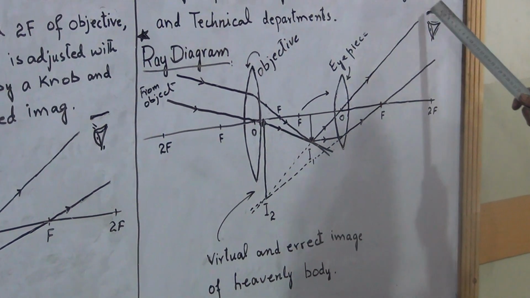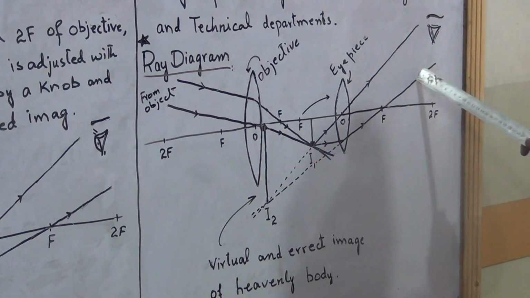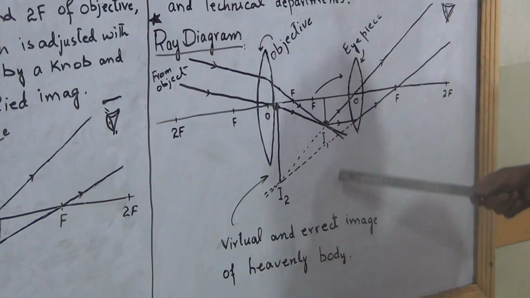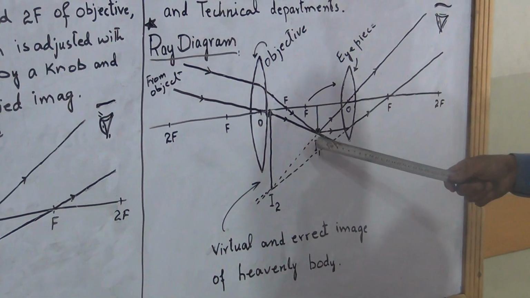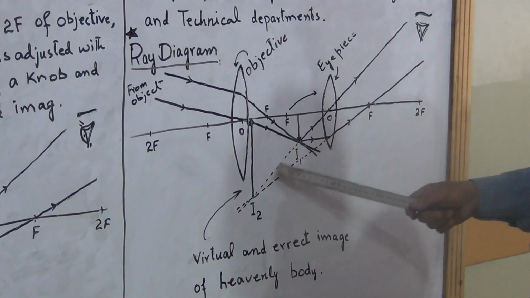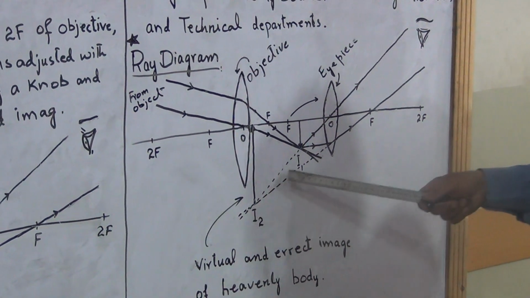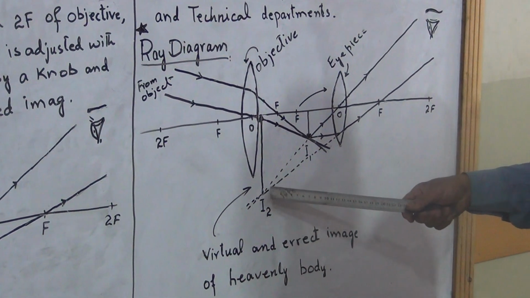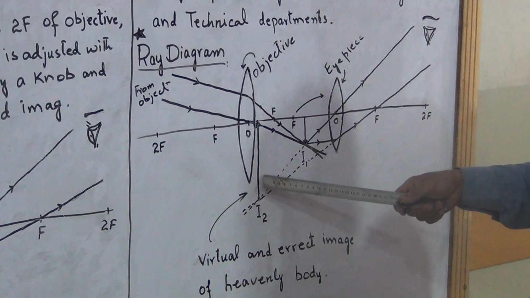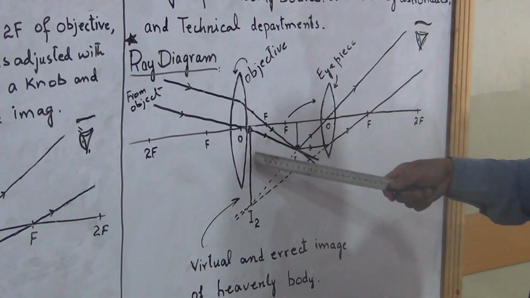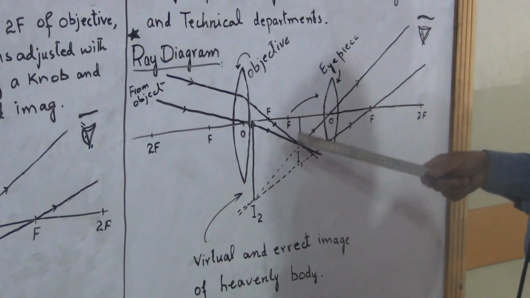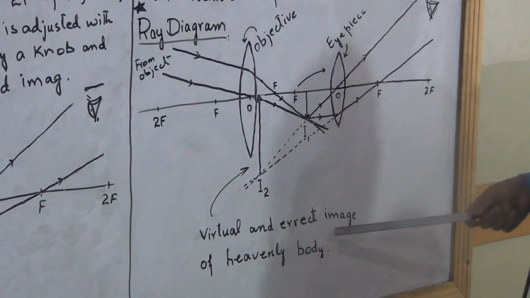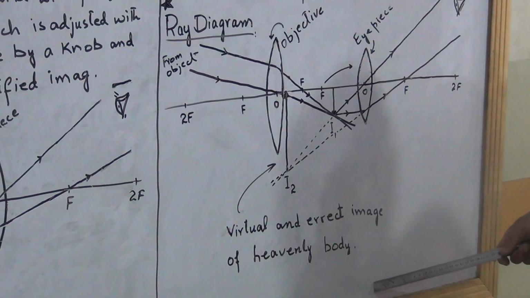Both the rays do not intersect each other, therefore we get an imaginary intersection. So we bring these rays forward with a dotted line. Both the dotted lines intersect each other at this point and a virtual erect image is formed by this eyepiece. So we get a virtual and erect image of the heavenly bodies.